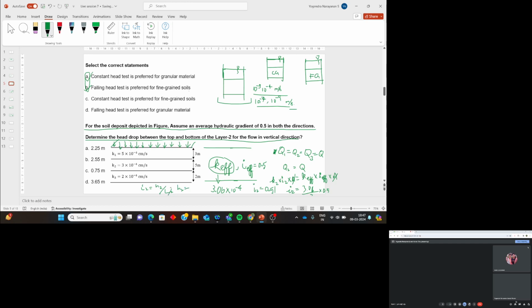L2 you know as 5, I2 you know as 0.51. 0.51 into 5, how much are you getting? 2.55 meters. So this is the head drop between layer 2. Now you calculate for layer 1 and layer 3.